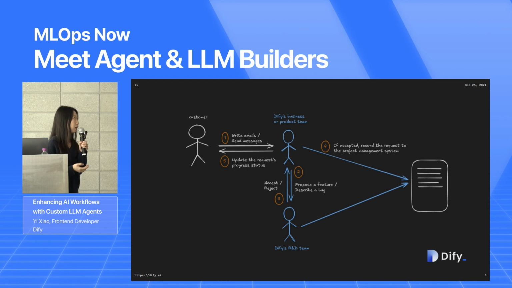If it is valid, they will pass it to our Dify research and development team, and our research and development team will then decide if we have the resources to work on this feature. If approved, we will add this new feature to our project management system, and the customer gets an update. So the entire process is very slow, and this could be much more efficient.